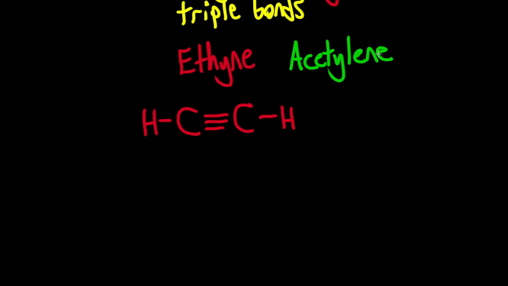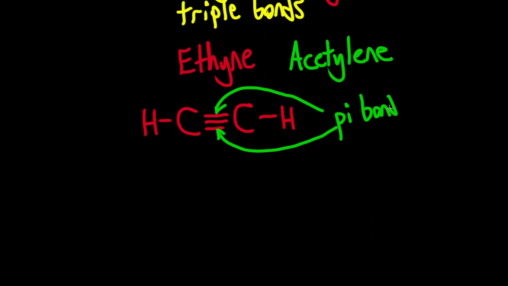Okay, and due to the presence of yet another pi bond, so we have 1 pi bond there, 1 pi bond there, pi bonds, and the one in the middle we can call a sigma bond. Because we have 2 pi bonds in here, these are going to be extremely reactive.